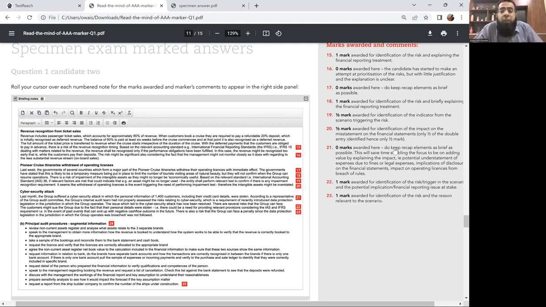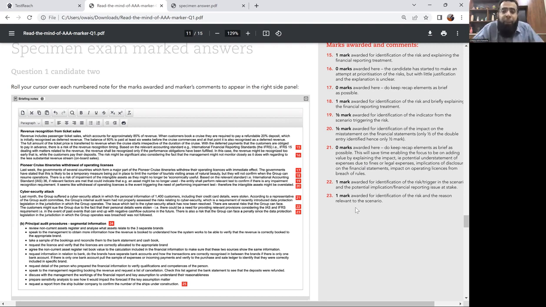0 mark awarded here. Do keep recap elements as brief as possible. The examiner is saying again and again, this will save time, enabling the focus to be on adding value by explaining the impact, potential understatement of expenses due to fine, implications of disclosure, impact on operating licenses from breach of rules, but he's just keeping on repeating the question information. 1 mark awarded for identification of risk in the scenario and the potential implication for financial reporting. 1 mark awarded for identification of risk and the reason relevant to the scenario.